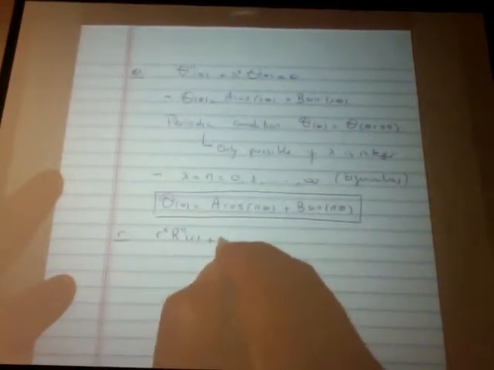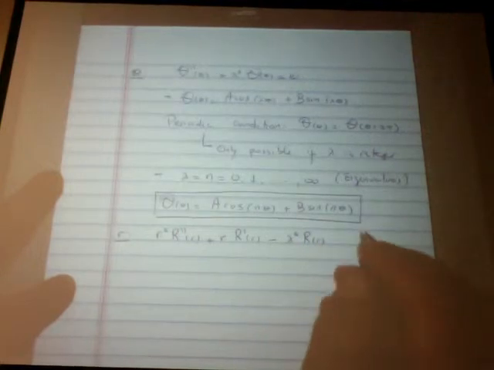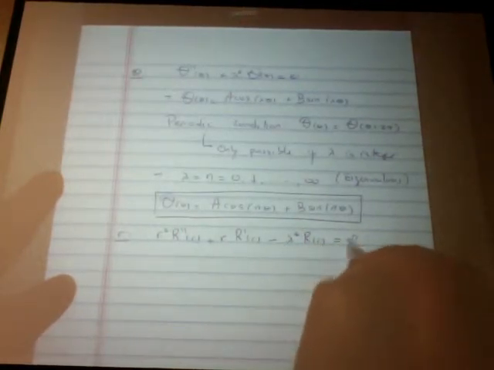The R equation would look like r squared R double prime plus r R prime minus lambda squared R. By the way, that's not lambda squared anymore, because remember, this one has been turned into n squared. So let me rewrite this.